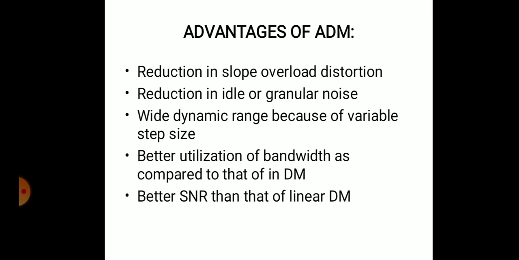Number four, better utilization of bandwidth as compared to that in DM. And number five, better SNR than that of the linear DM. So these are the advantages of ADM, but there is also a disadvantage, that it is quite complex compared to DM. So this is the disadvantage, and all these other points are the advantages of ADM.